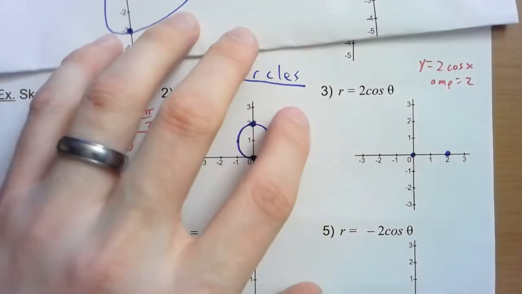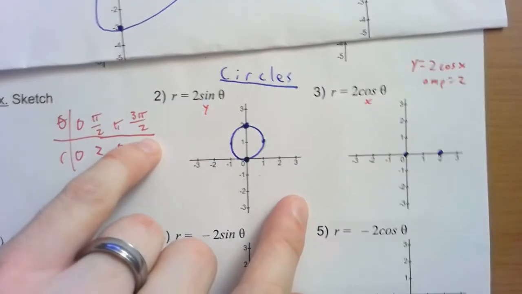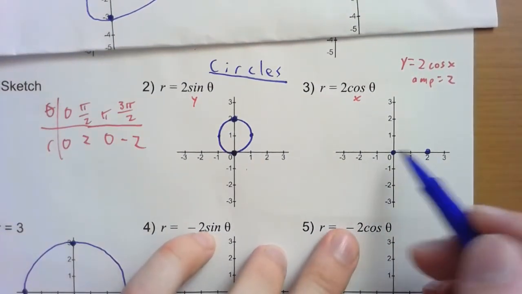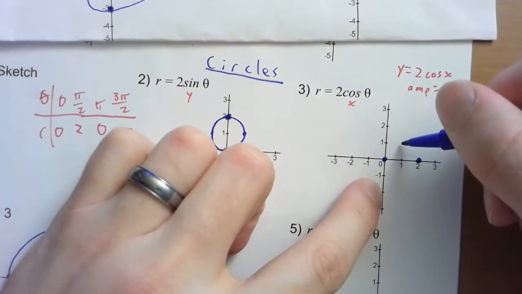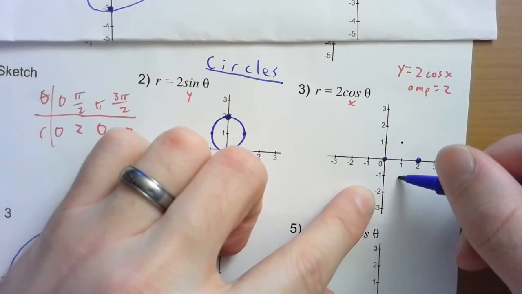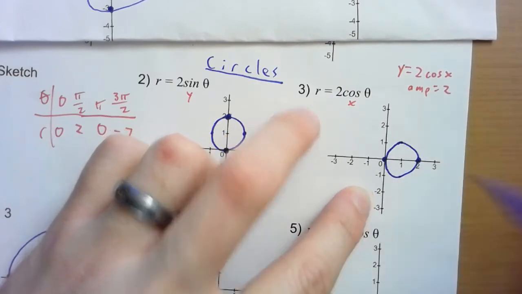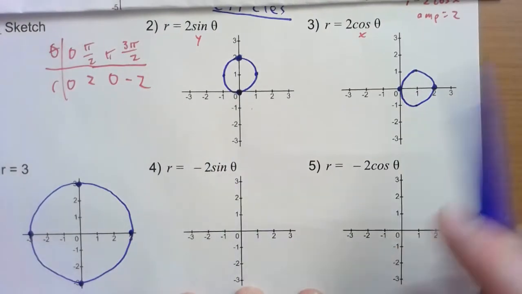Cosine goes with x, sine goes with y. All right, so we've got these endpoints of our diameter here. Again, the radius is 1, so I can go a radius of 1 there, and a radius of 1 there, and it is a circle.